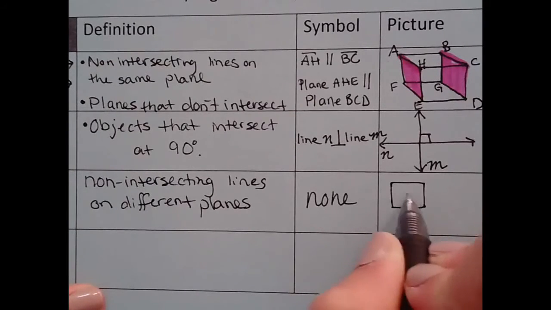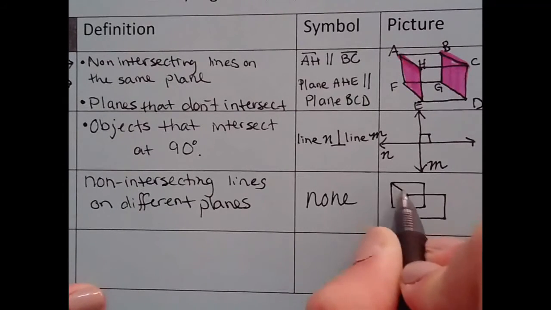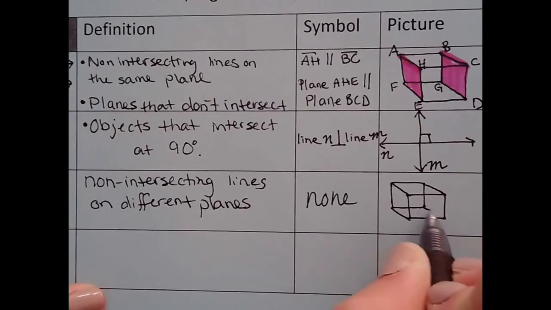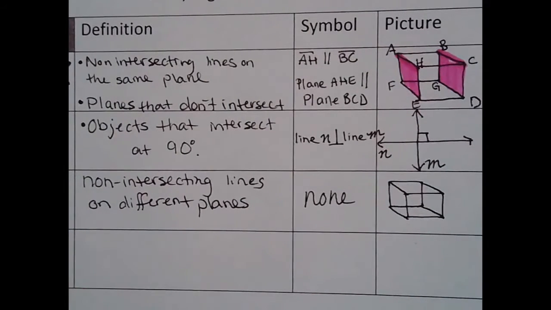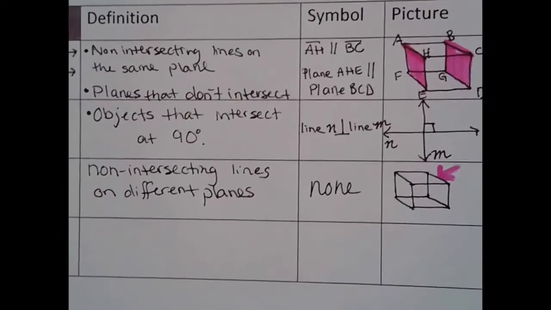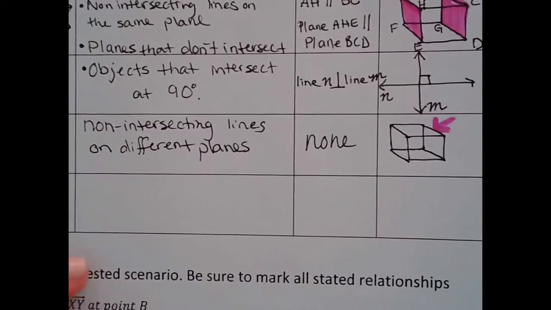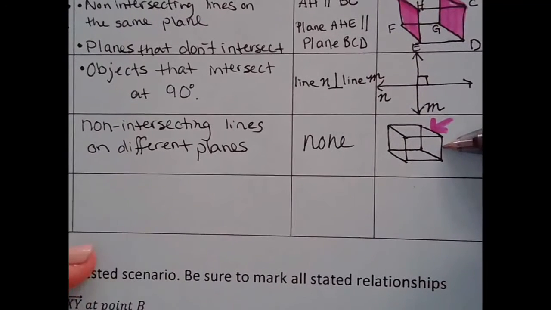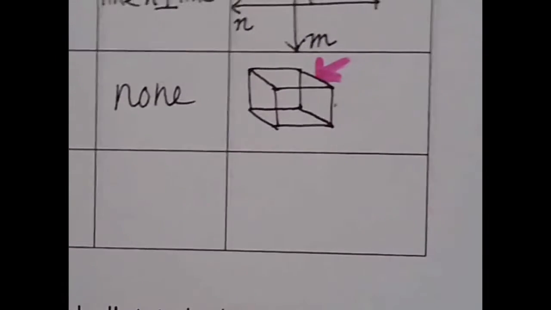So non-intersecting lines, if I'm looking at this line specifically, then I've got options. This line here that my pen is pointing at, it's on a different plane, but does it touch the pink line? Yeah, it touches. So it is not going to be skew.